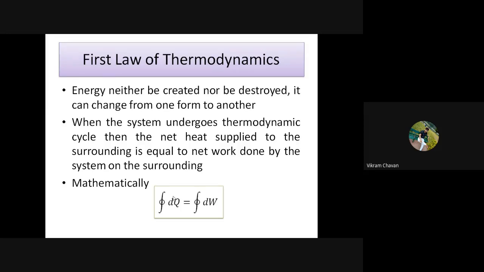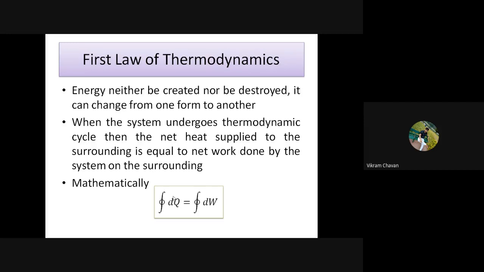Whatever the changes happen in the heat, all the changes are accommodated by the cycle. Whatever the changes happen in work, the summation of all the changes over the cycle is the cyclic integration of dw, or the cyclic integration of change in work done.